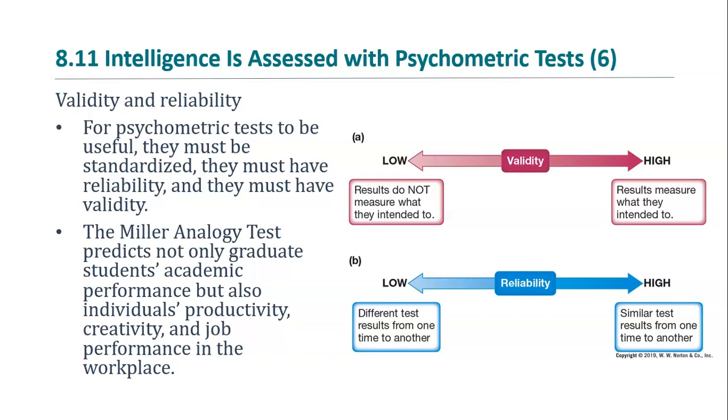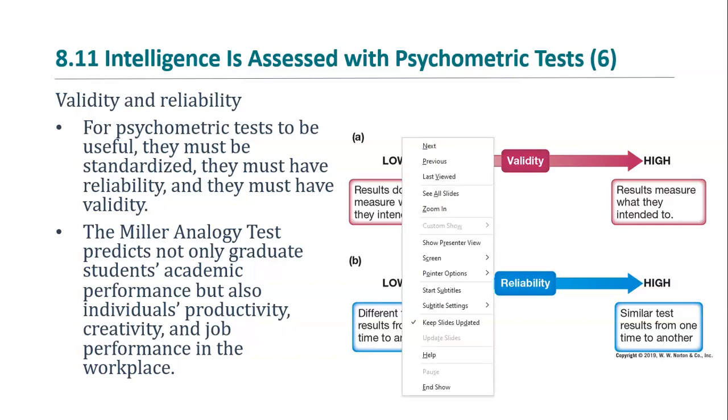But you can have really great reliability and the test may be invalid for the purpose that you're using it for. One example is a test that's sometimes given to people applying to graduate school called the Miller Analogies test, which, as the name implies, measures your ability to interpret analogies.